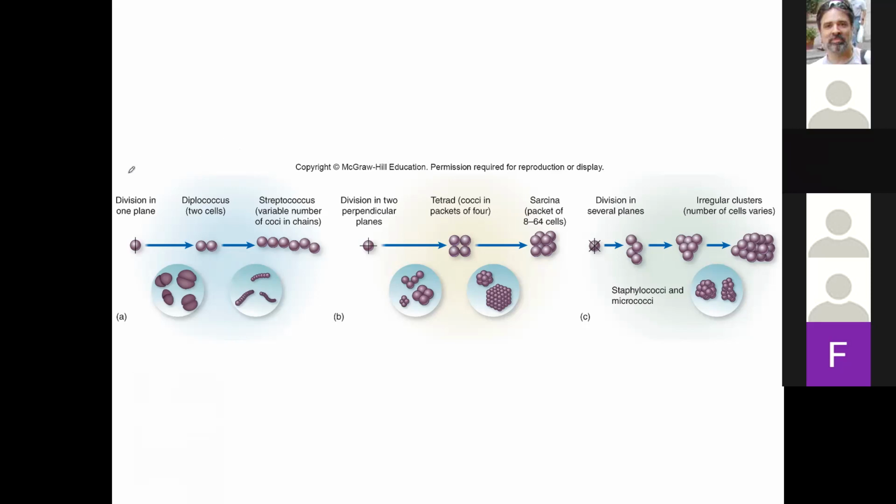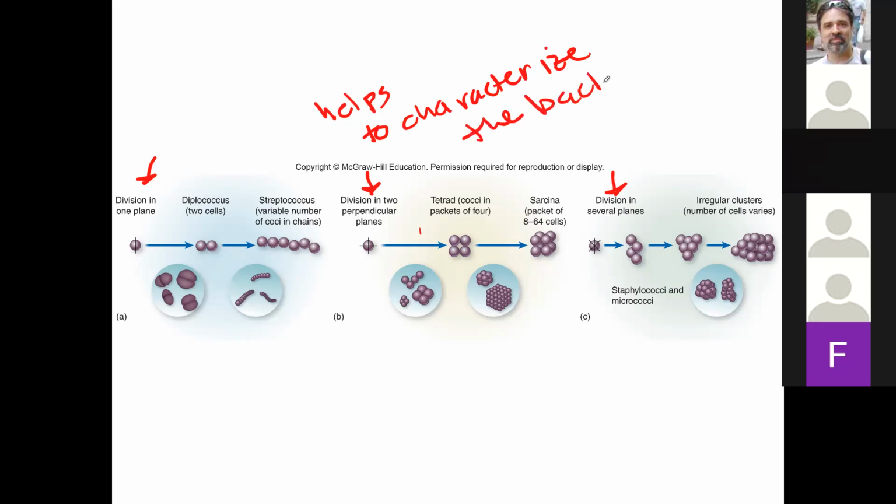So here you divide in one plane, here you divide in two perpendicular planes, here you divide in several planes, and so on. And that can help us to characterize the bacteria. So that's why we care.